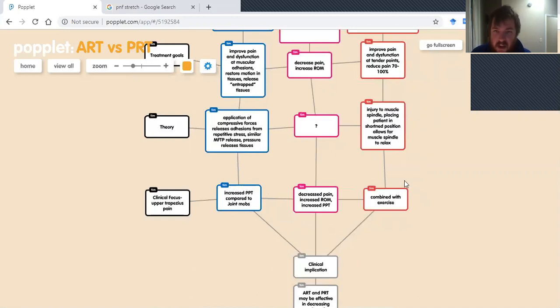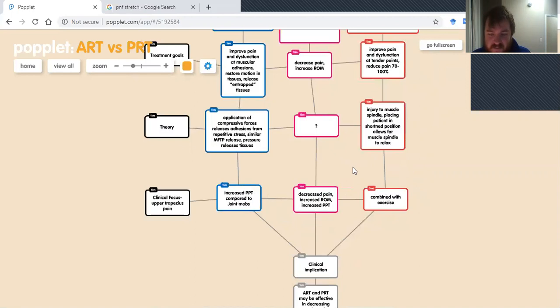And with PRT, combined with exercises compared to just exercises with no PRT, it was helpful in decreasing pain, increasing range of motion, and increasing pain pressure threshold for upper trapezius pain.